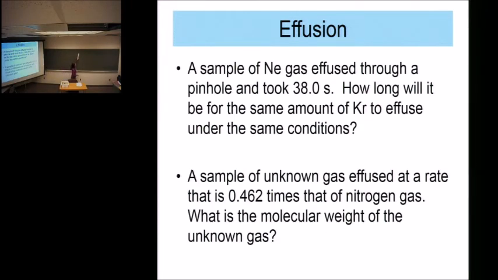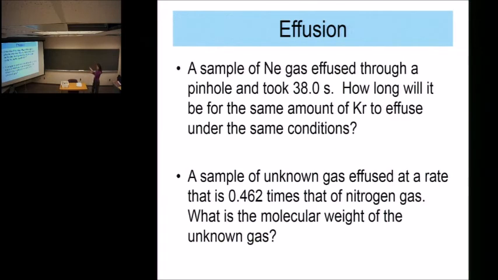Rate of unknown gas equals, because "is" means equals, so write a little equals above the "is," 0.462, and then what does it say? Times, okay, that's multiplication, so times what? Rate of nitrogen.